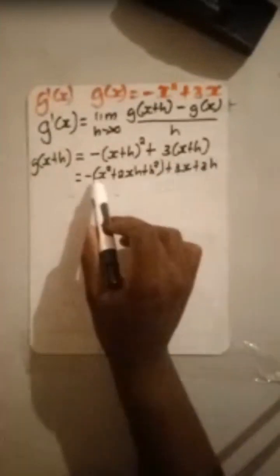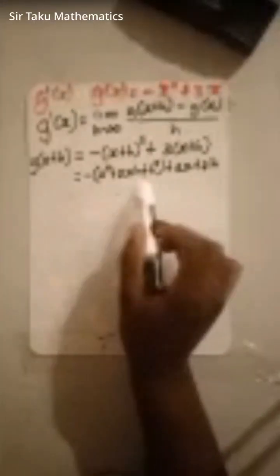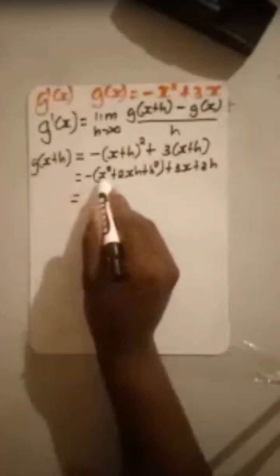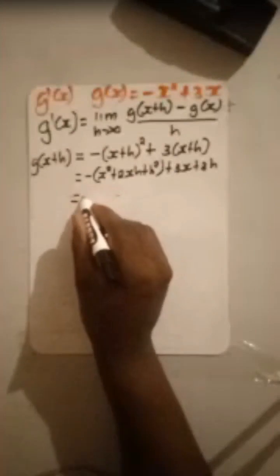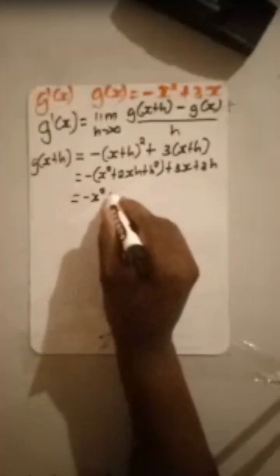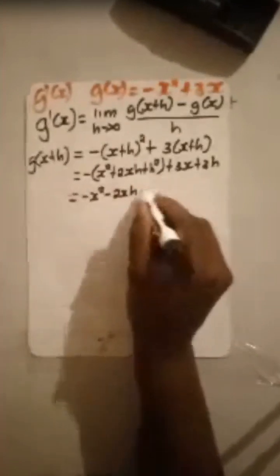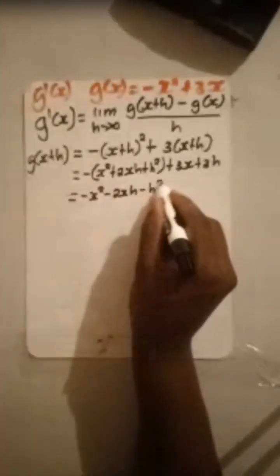Then we expand there, this negative is going to multiply every term that is in the bracket. Then we get negative times x squared, negative x squared. Negative times 2xh, negative 2xh. Negative times h squared, negative h squared.